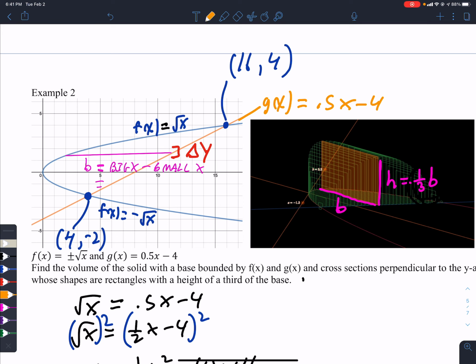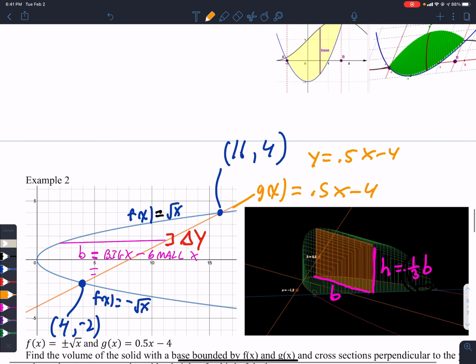So let's take this yellow one, which is y equals 0.5x minus 4, and we have to solve for x because we want to know what big X is, not big Y. So I'm going to add 4 to both sides. I get y plus 4 equals 1/2 x. Multiply both sides by 2. I get 2y plus 8 is x. So there's my big X, 2y plus 8.